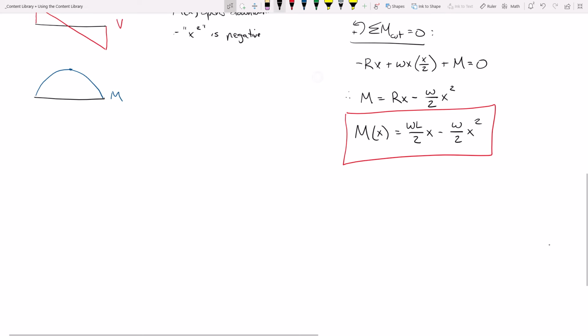So we'll call it step 2, integrate twice. All right.